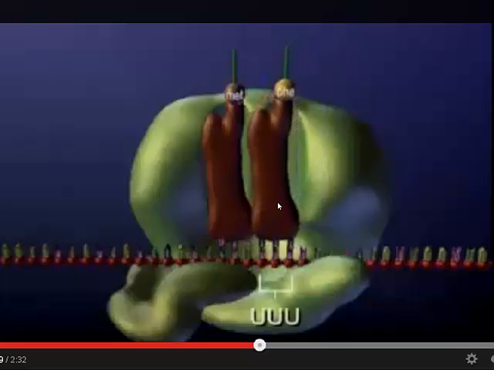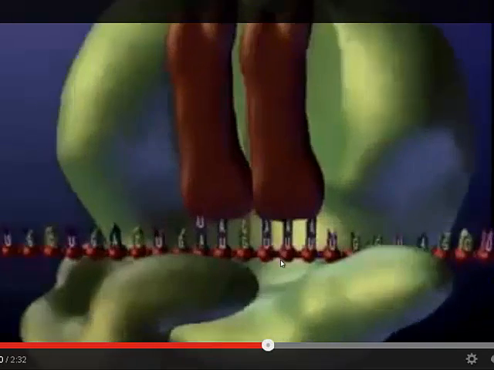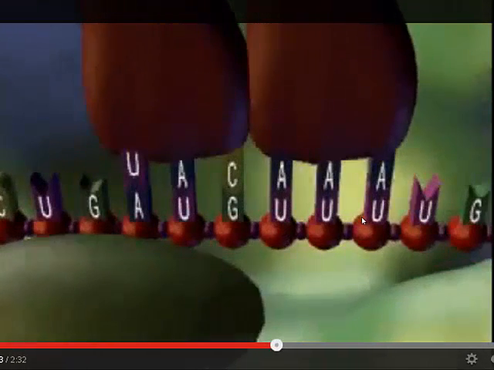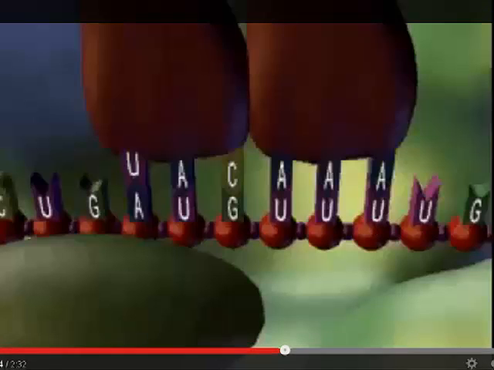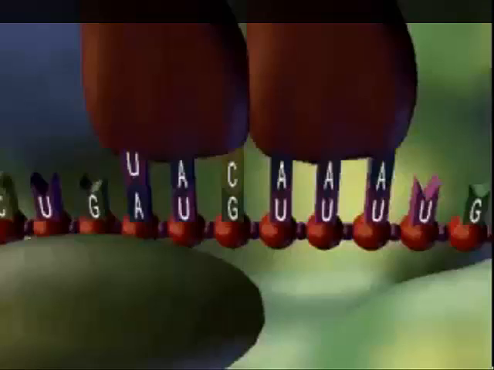Here comes another piece of transfer RNA, and it binds, as you can see there, also to its complement. So I think we all understand this at this point, but this is the anticodon on the transfer RNA, and this is the codon found in the messenger RNA. You remember that a codon is a sequence of 3 bases.